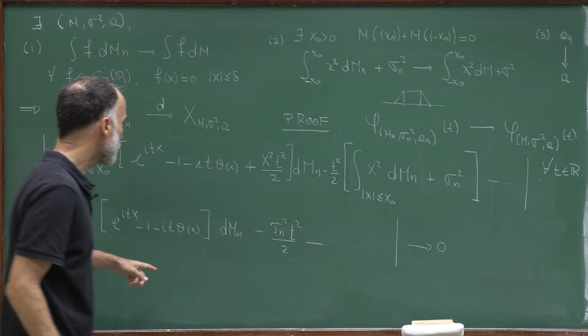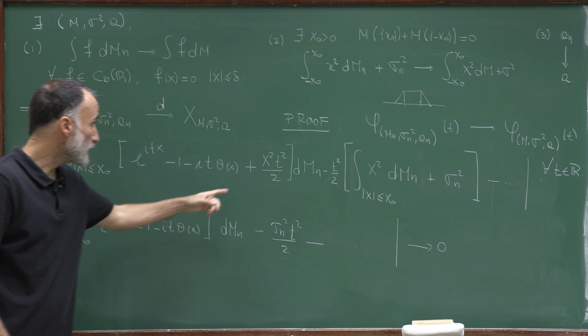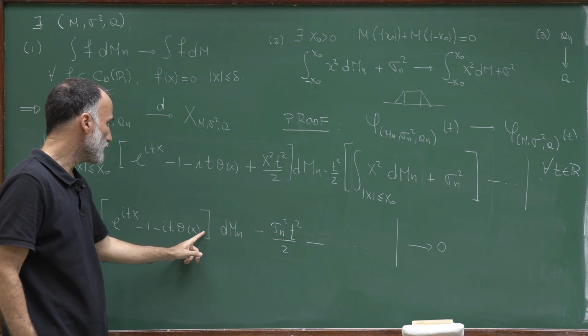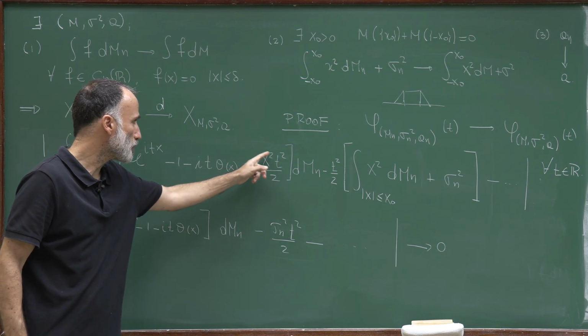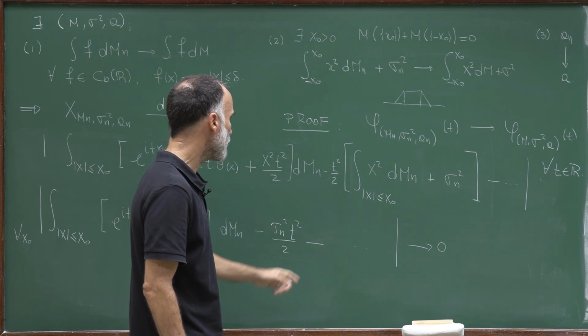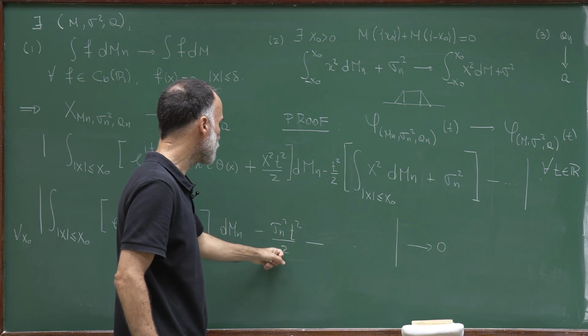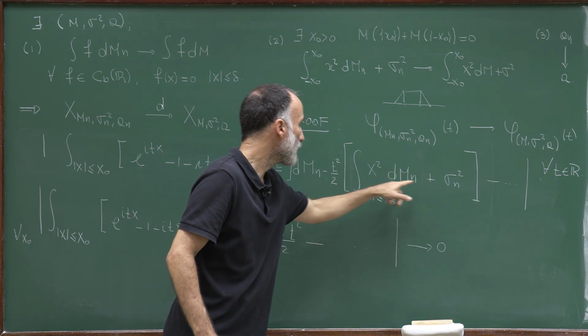So from this line to this line, the only thing I did is to introduce inside the integral x squared t squared divided by 2, and I removed it in the second term. And of course, since I have sigma n squared t squared, I put them together.